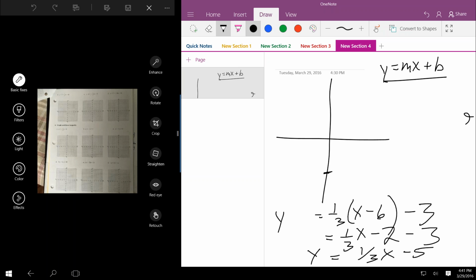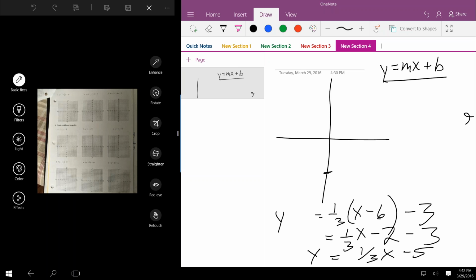1/3 is going down, isn't it? Doesn't really matter. No, it's a slope. There's no correct way to go. What you want to make sure is that you end up with a positive slope. So if you have to go down on your first move, you want to go left on your next move.